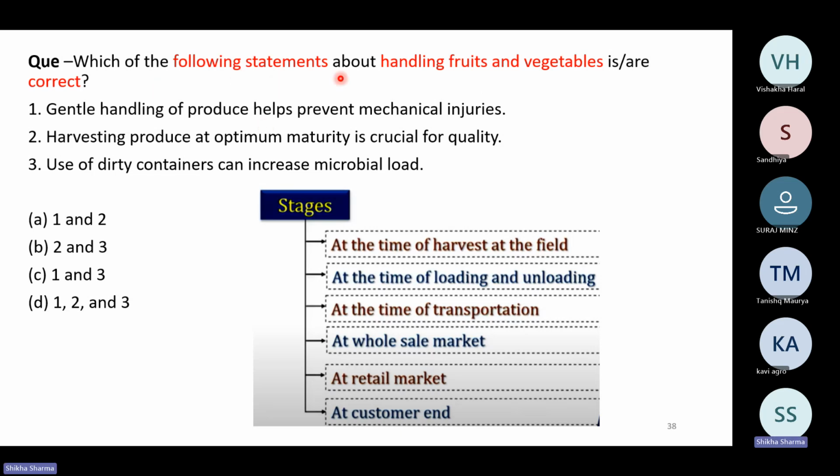Which of the following statements about handling fruits and vegetables is correct? Gentle handling of produce helps prevent mechanical injury. Harvesting produce at optimal maturity is crucial for quality. Use of dirty containers can increase microbial load. We should tell the correct statement regarding handling.